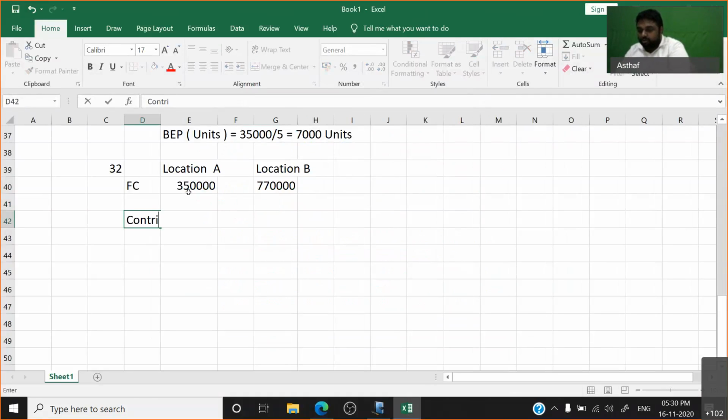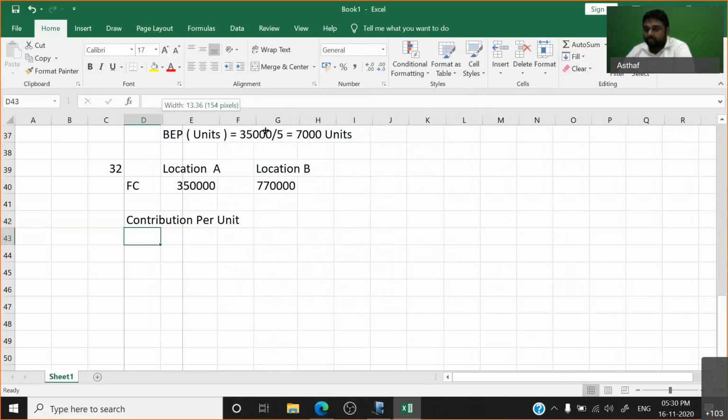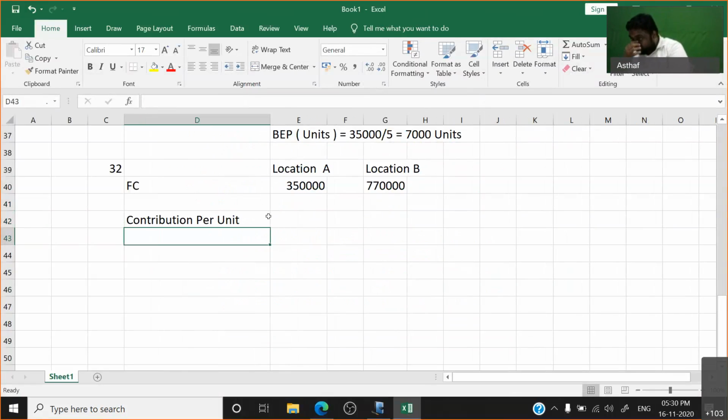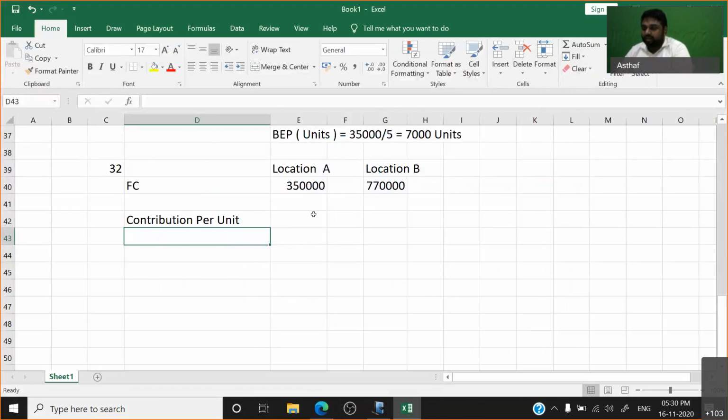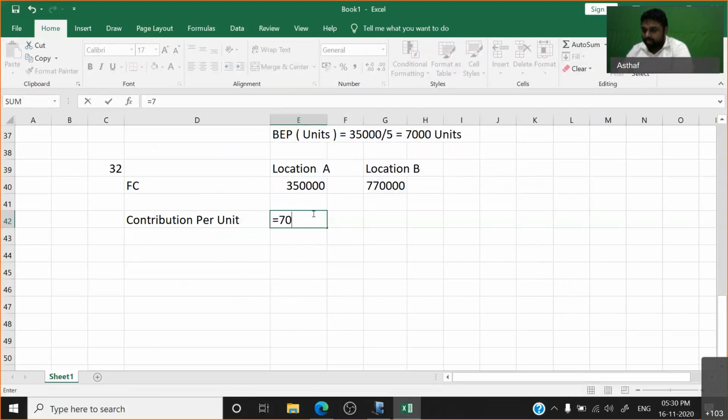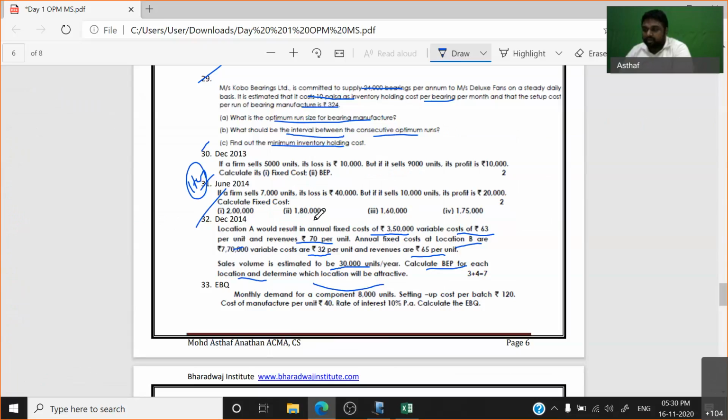What is the contribution per unit? See the first case, you are selling at 70 rupees and 63 is the variable cost.